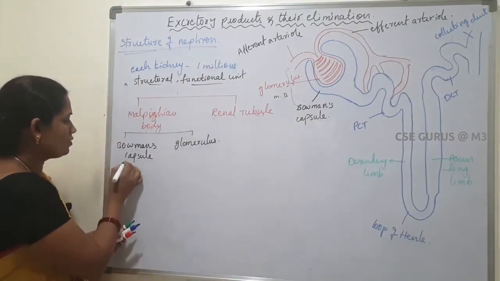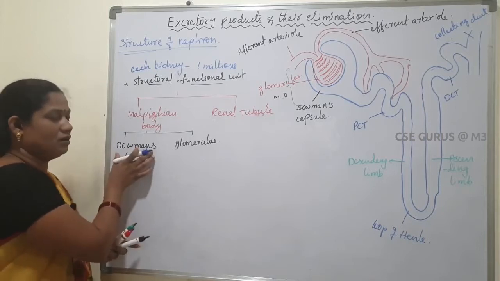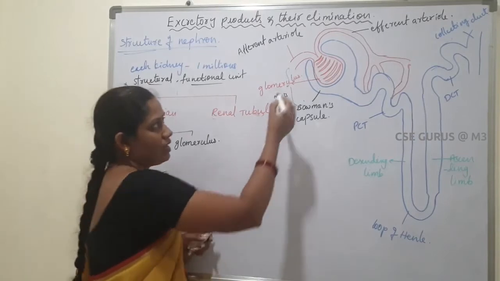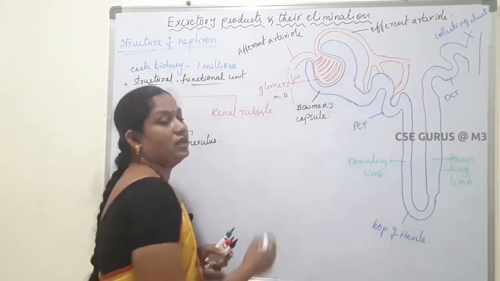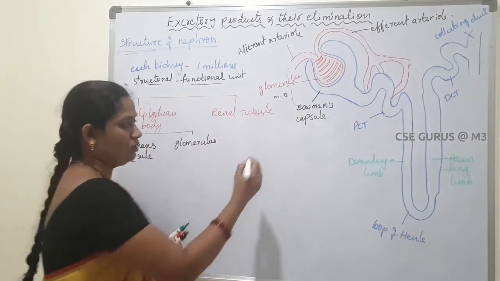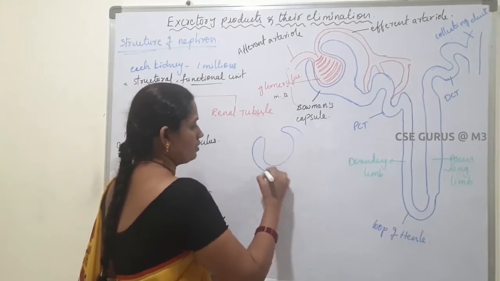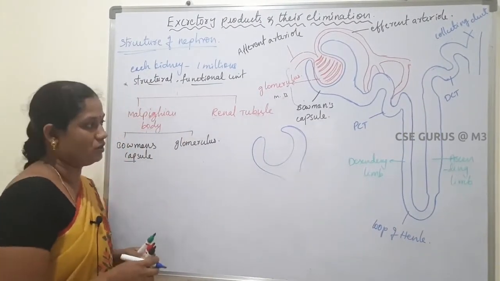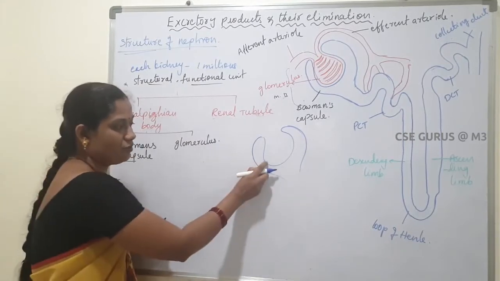First of all, Bowman's capsule. This cup-like structure is called Bowman's capsule. It is made up of two layers.